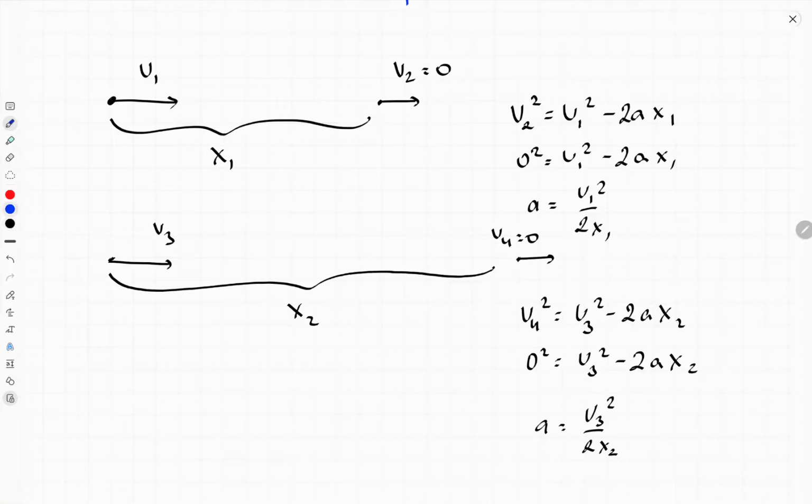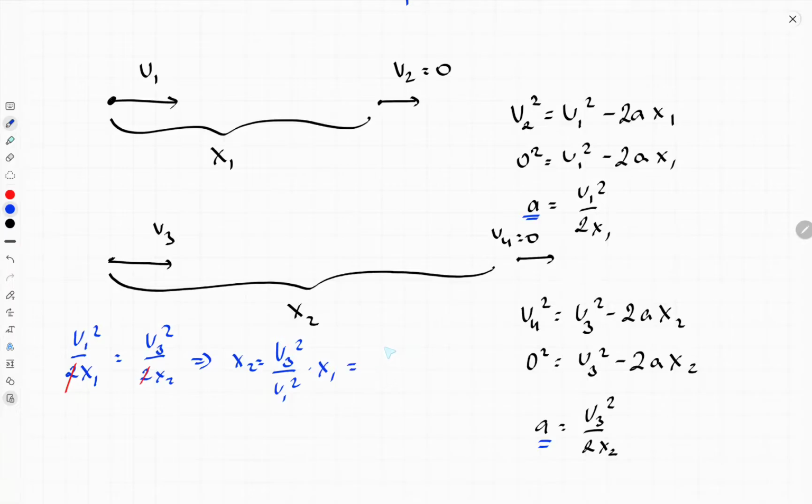So we know that they have the same acceleration. So this acceleration equals this acceleration. So v1 square over 2x1 equals v3 square over 2x2. From here we can cancel 2, and x2 will be equal to v3 square over v1 square times x1.